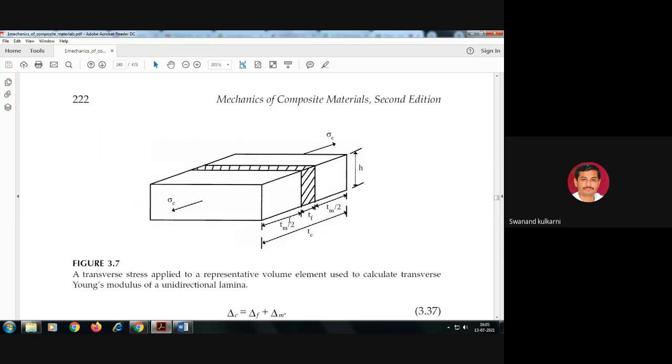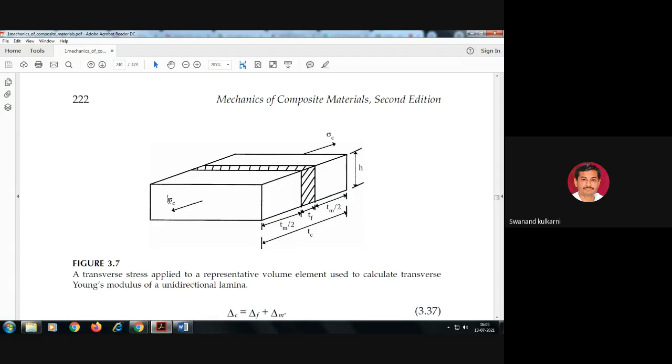Is it okay? Because whenever we are considering this particular direction, which is the longitudinal direction, the expansion happening in this longitudinal direction will be the same for fiber, matrix and composite. But if we consider the expansion happening in this direction, which is shown here, that will be the expansion of matrix plus expansion of reinforcement.